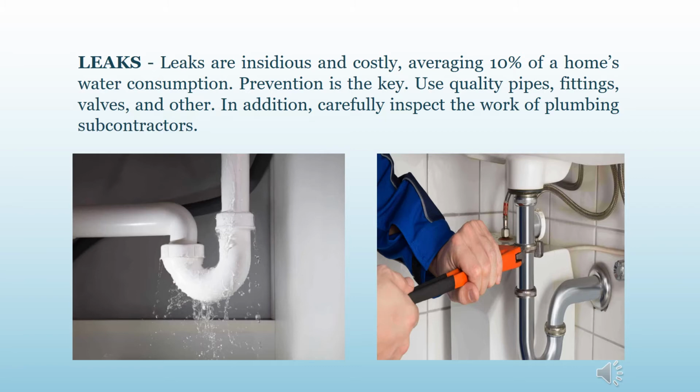Unfortunately, many leaks go undetected for years because the source of the leak is not visible. Faucet leaks are a common occurrence, usually simple to repair. A faucet dripping slowly at only one drop every 2 seconds will waste more than 1,000 gallons or 3.7 cubic meters per year.